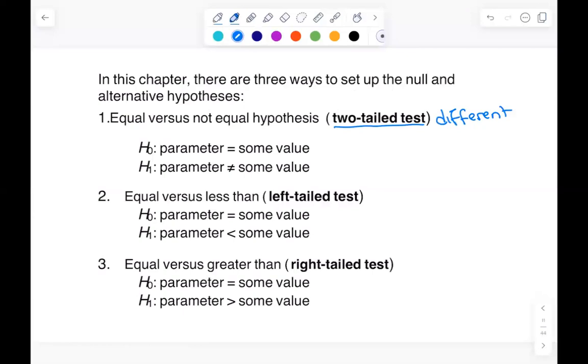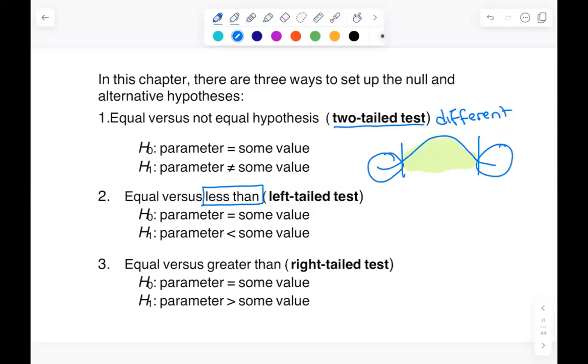If I say that I believe it is less than that today, this is a left-tailed test. I'm going to draw little diagrams here. With a two-tailed test, we'd have our center in here. This would be the okay area. And then it could land up here or it could land down here.